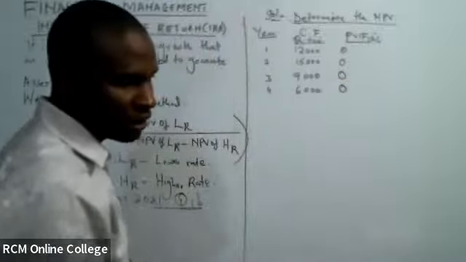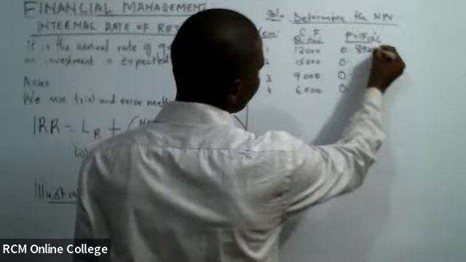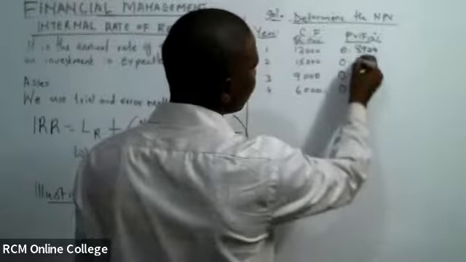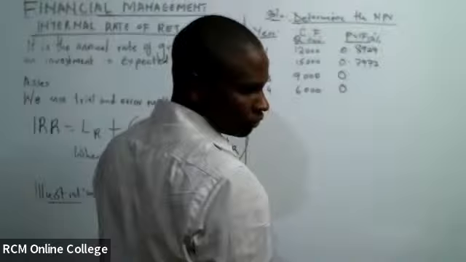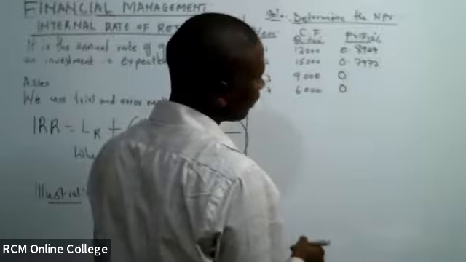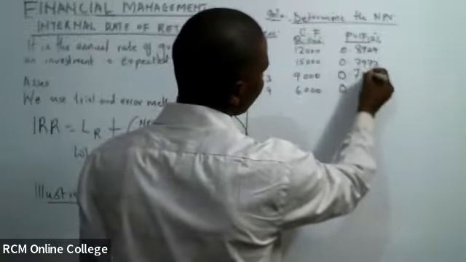Now, the first one is 89.29. The second one is 79.72. The third 71.18.